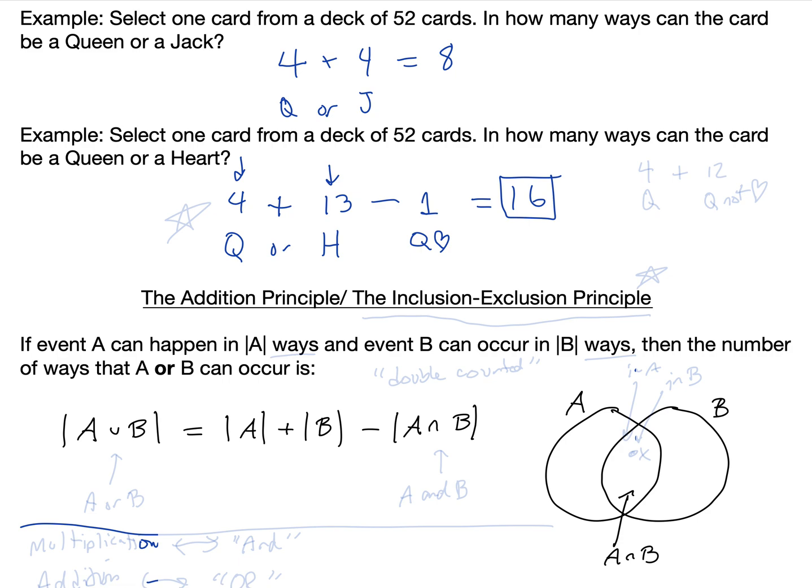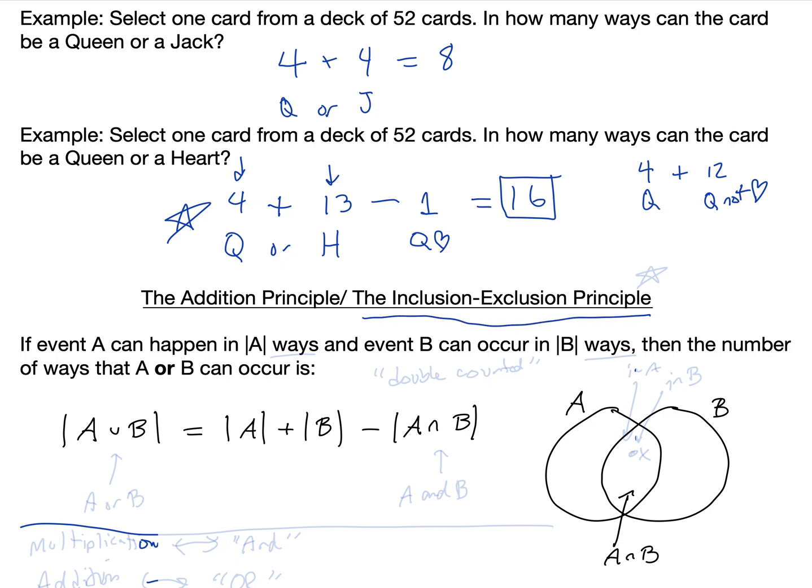Another way that you could do this is to just say, okay, there's 4 cards that are queens, and there are 12 cards that are hearts but not queens. We just have to keep that in mind, and that would still get us our 16. But this way of thinking about it gives us what's really the inclusion-exclusion principle.